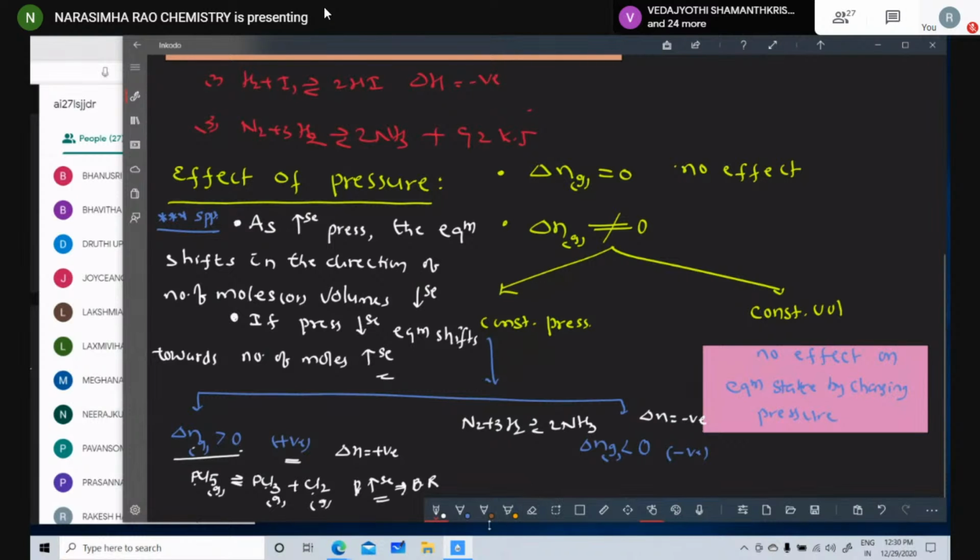If pressure increases, equilibrium shifts in the direction of the number of moles decreasing. This side is 1 plus 3, 4 moles; this is 2 moles, towards forward. Pressure increase, delta n negative, forward reaction is favorable.